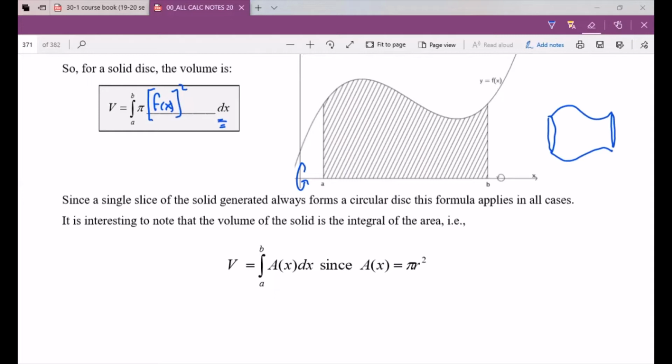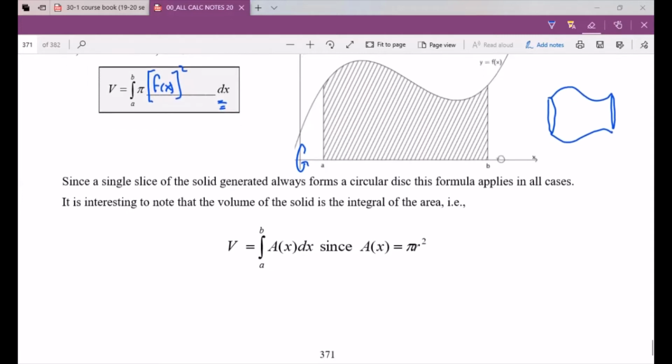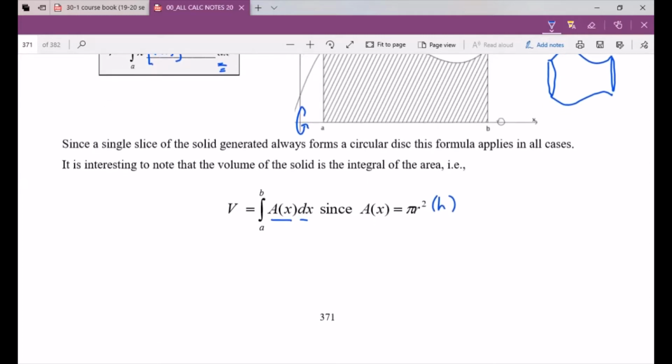Whenever we do a volume of revolution, we're making these disks. So therefore, the volume ends up being the integral of the area times dx. The area is pi r squared, and the dx is the height of that object, and we sum them up.